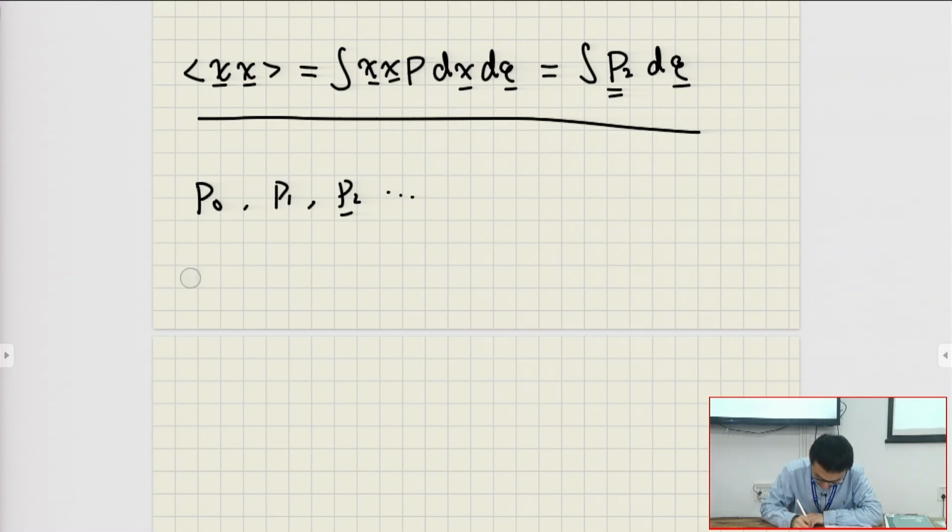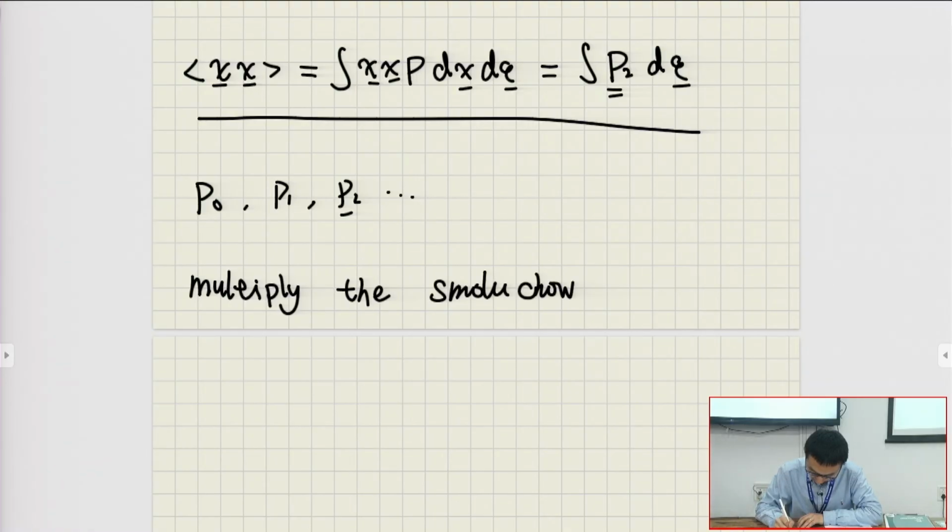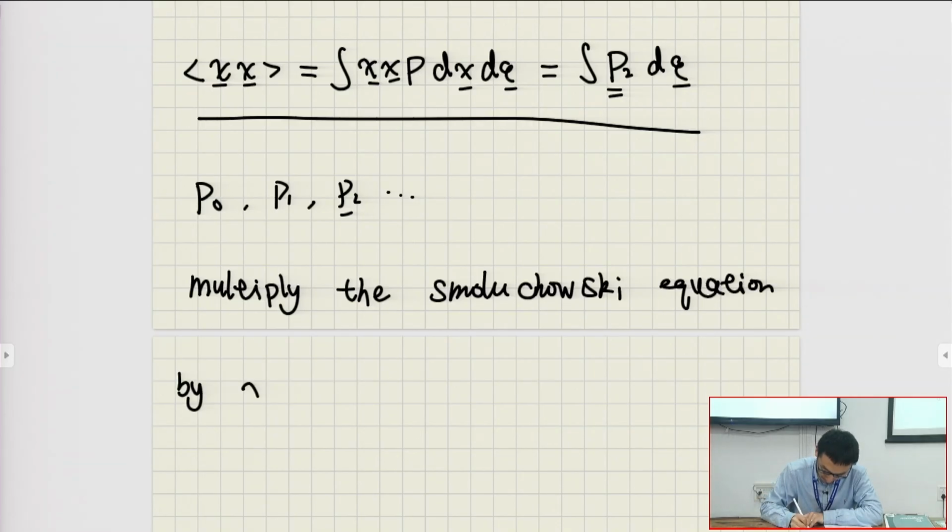We multiply the original equation by xx, and integrate, because we're trying to find the mean square displacement now. We already have the mean displacement, so we'll do that.